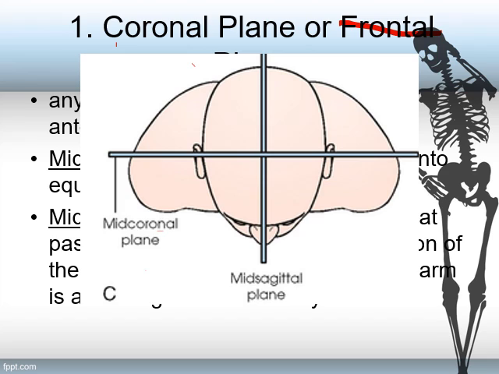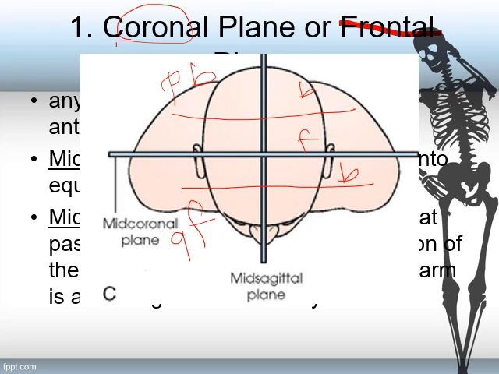So this is the back portion, this is the front portion, or this is the posterior portion, or the anterior portion. Pag coronal lang yung term, pwedeng dito siya nag-divide. This is the back, this is the front. Or pwede ding dito siya mag-divide. Pero pag sinabi nating mid-coronal, equal. Equal ang parts, equal ang back, at saka front.